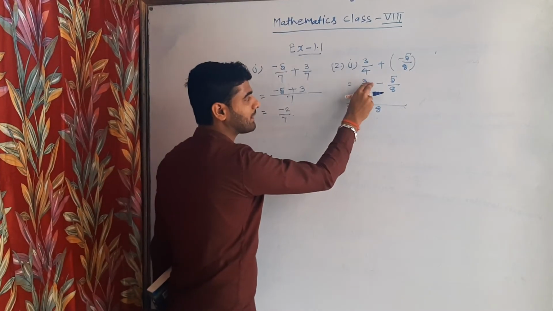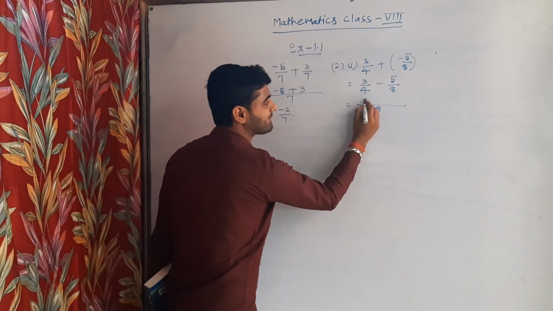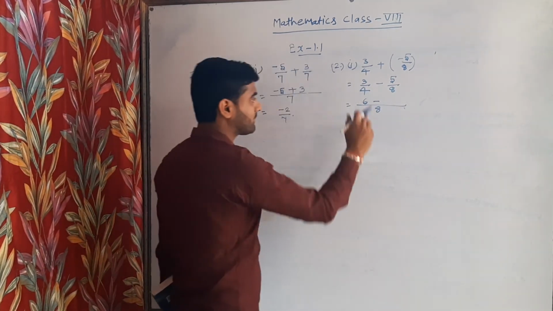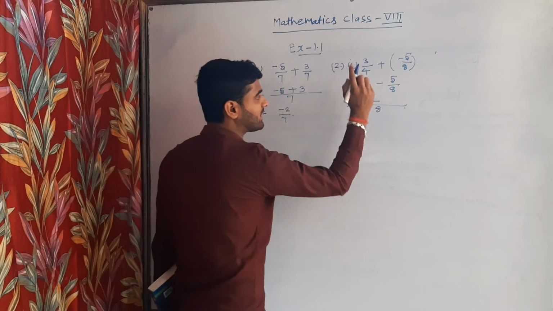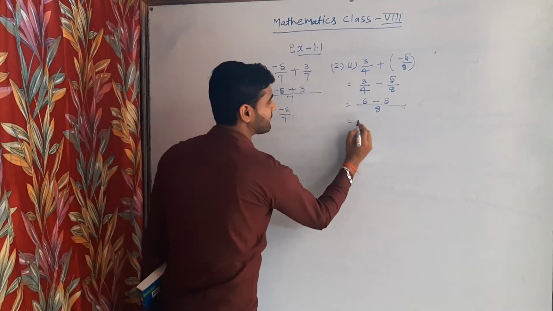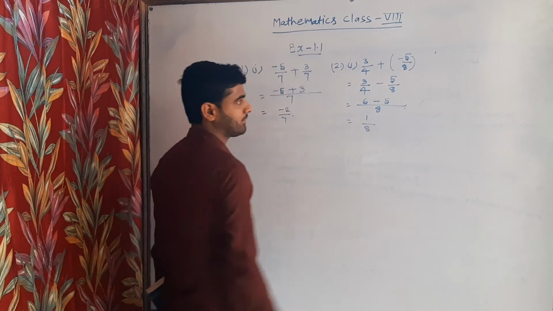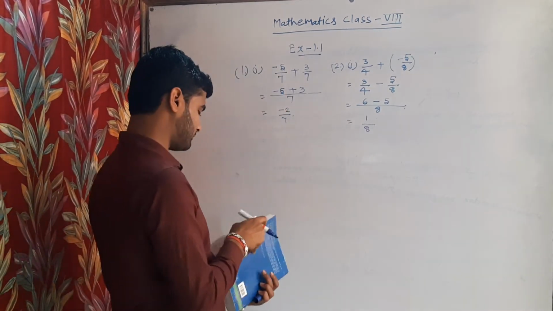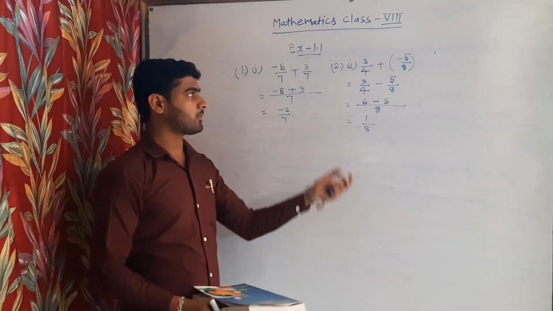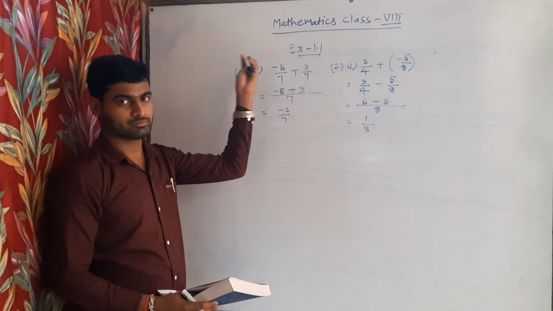And when 2 and 3 are multiplied, the result is 6. Minus, when 8 is divided by 8, the result is 1. And 1 is multiplied by 5, the result is 5. 6 minus 5 is equal to 1 by 8. You have to solve all the remaining questions.